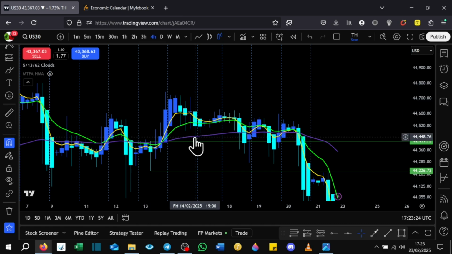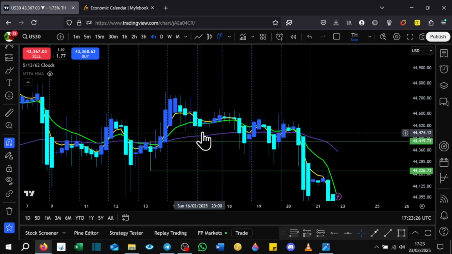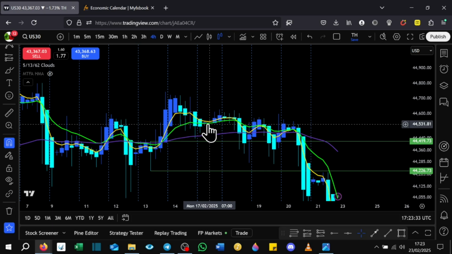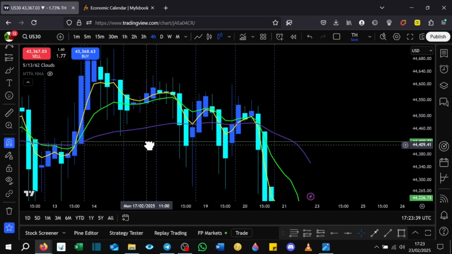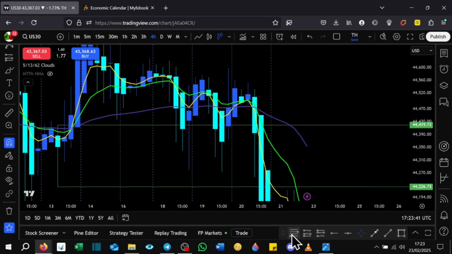We've come in to the 62 EMA. We've rejected it and very nearly mitigated, but it didn't. Then we started to pull away, and then I set a buy limit. I believe I did, on this institutional candle here.